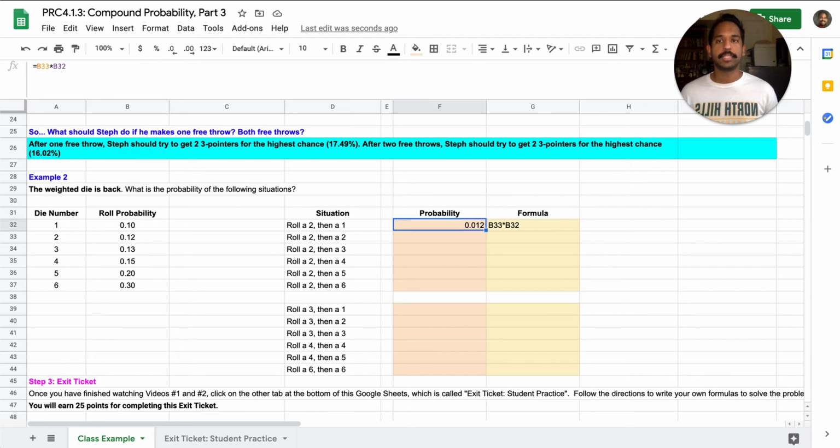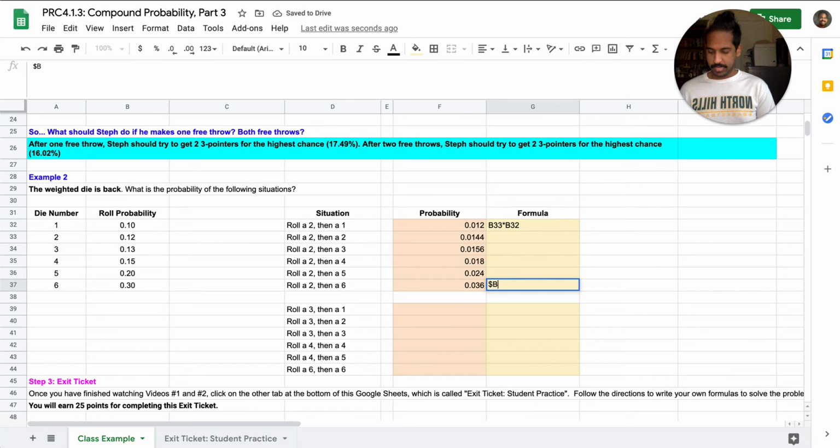So instead of retyping B33 times B32, B33 times B33, B33 times B34, going over and over, remember I can put those dollar signs, hit enter, the number stays the same, and if I paste that formula in, I'll see the right probabilities, because now this one is B33 times B37. And let's see, B37, yep, that's exactly right. That's where the 6 is.